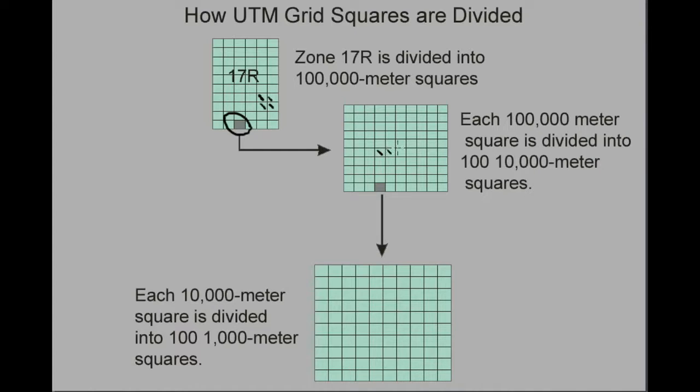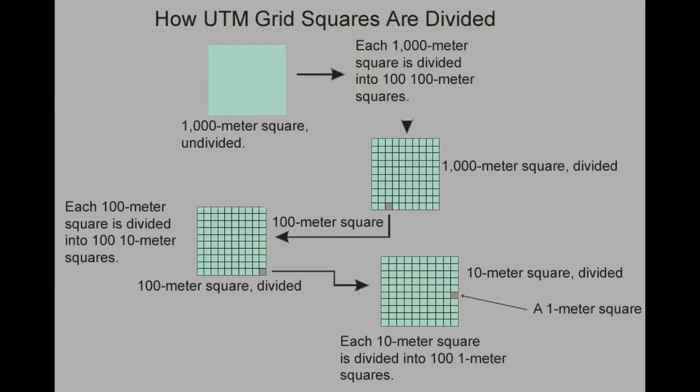Each of these little squares is 10,000 meters times 10,000 meters. Let's take one of these 10,000 meter squares, and it is divided into 100 1,000 meter squares. Each of these little squares is 1,000 meters, or 1 kilometer. So once again, each of these little squares is 1 kilometer square, or 1,000 meters square.